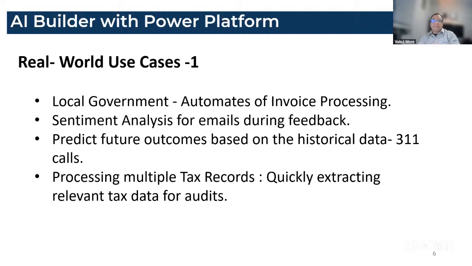Now, I gave an example about processing multiple tax records. There is a case where there are 800 pages of tax records of everyone coming, and that needs to be processed. So how are you going to extract that? How are you going to work on this one? For that, this AI model is going to be really good, and it's been done as a proof of concept, and it worked really well.